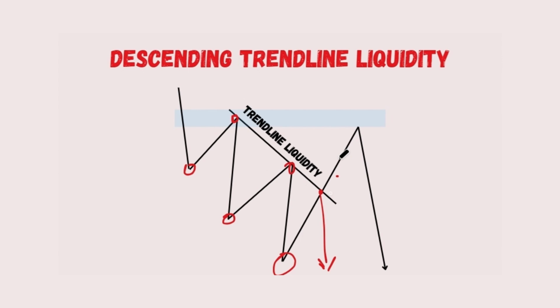They take all the liquidity present above this and above this as well as above this and tap on the best premium zone and sell. I hope you understand this. This is the exact opposite of ascending trendline liquidity. So let's move to live chart for better understanding.